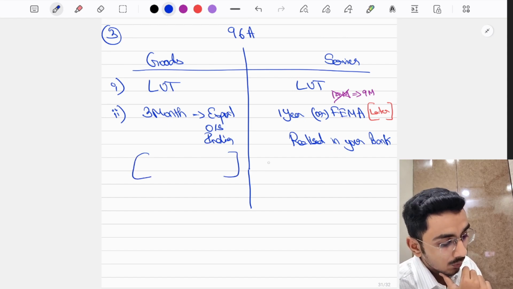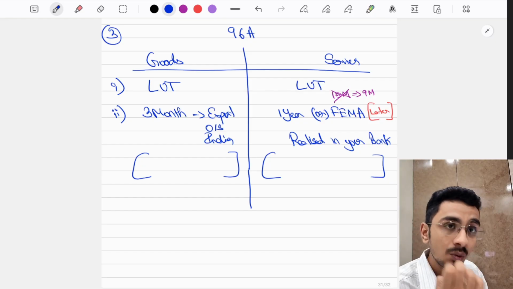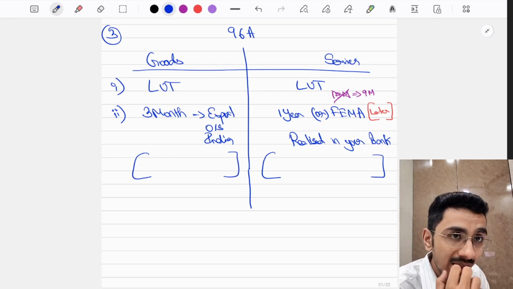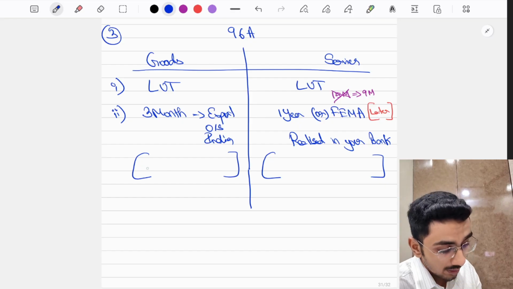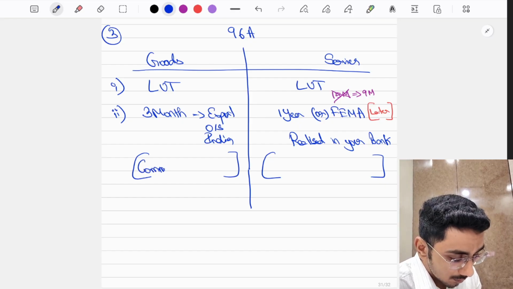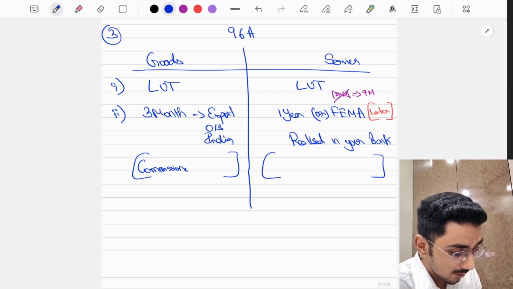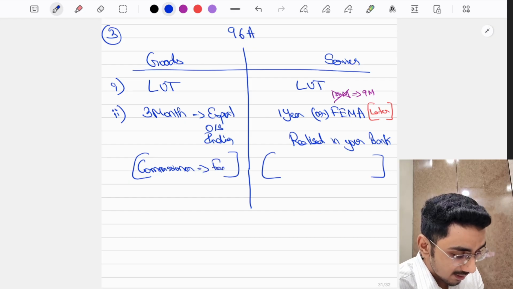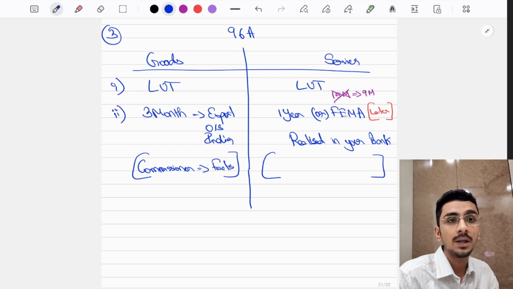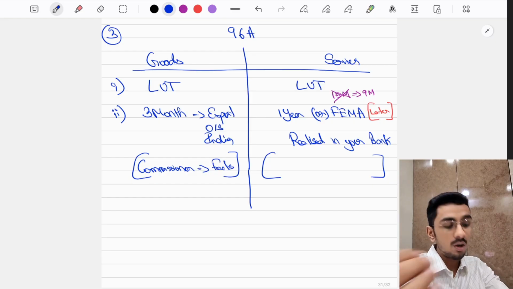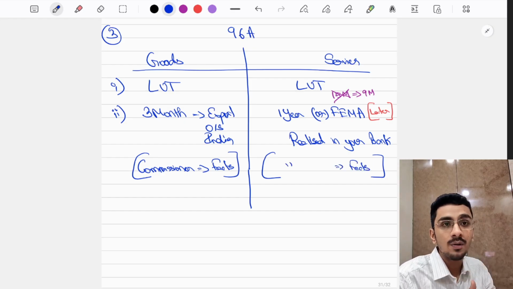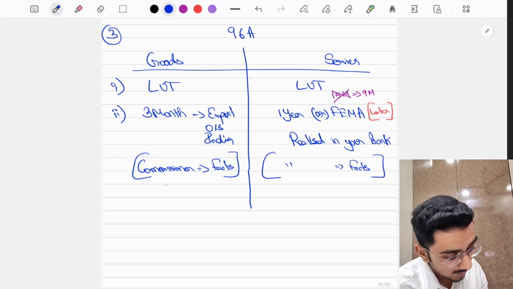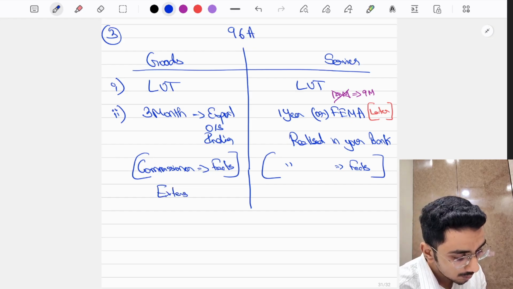If you have some good reason why the goods were not able to move within the 3 months, or why there was a delay in realization, you can go to your jurisdictional commissioner, and you can state your facts, that these are the reasons because of which I was not able to send the goods outside India, or not able to realize the amount within the specified time range. If your reasons are satisfactory, the commissioner will give you an extension.